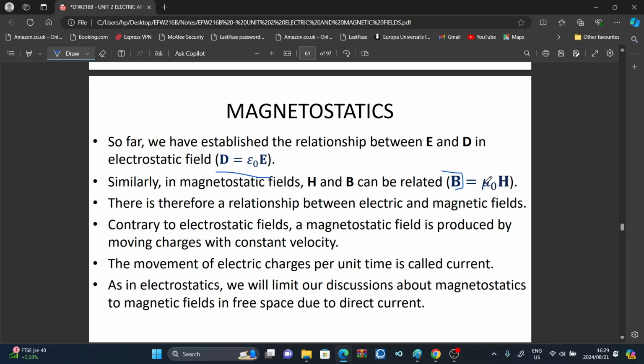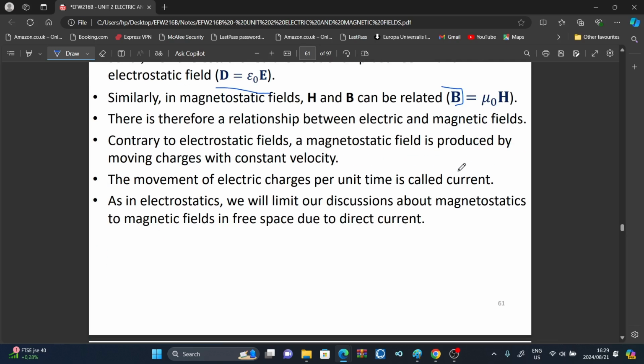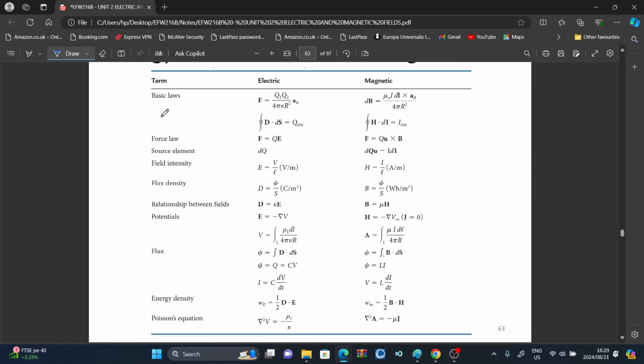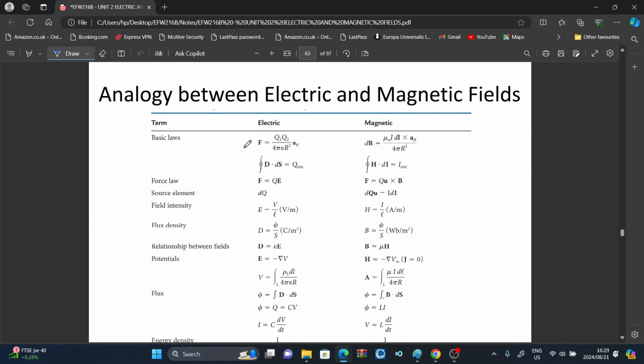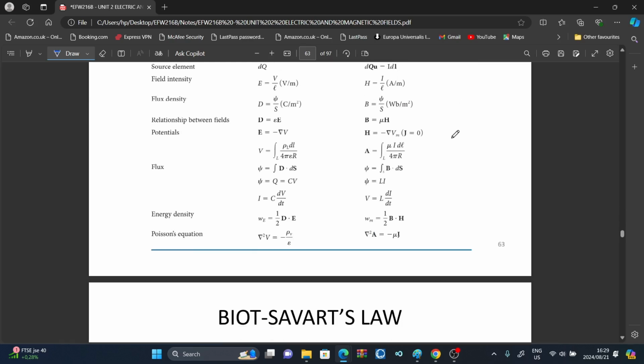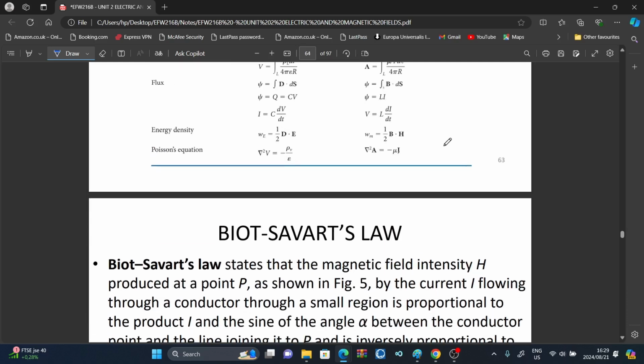Then H is the magnetic field strength. For field applications you can read through this, and here's a formula sheet they give you. You can check through these formulas, but you are still given a formula sheet, so you don't have to worry about that.